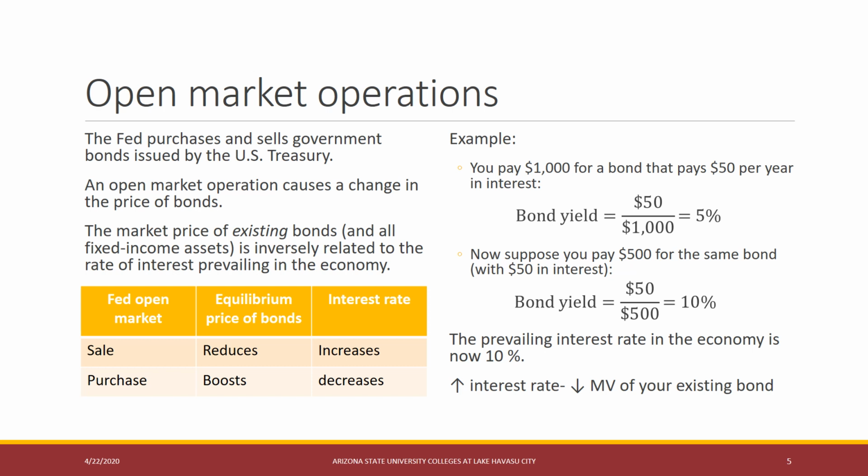So, if the Fed wants to buy bonds, it will have to offer to buy them at a higher price than exists in the marketplace. If the Fed wants to sell the bonds, it will have to offer them at a lower price than exists in the marketplace. Thus, an open market operation may cause a change in the price of the bonds.